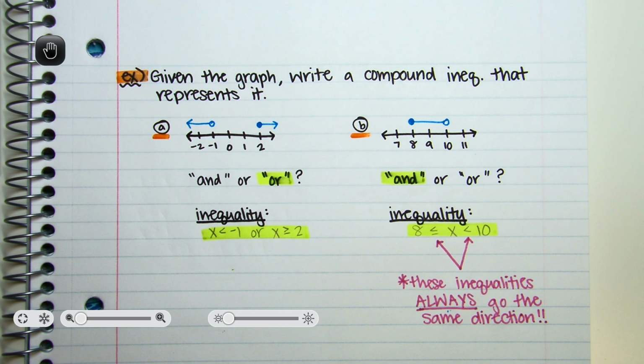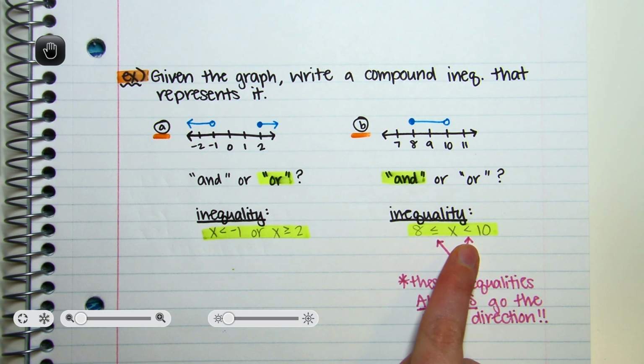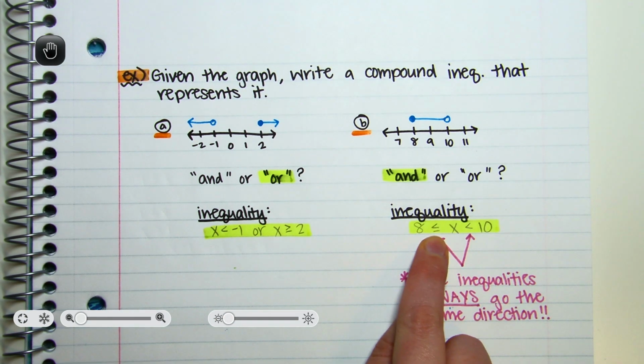Always, always, always, always. If you ever write your final answer where these are not going the same direction, you did something wrong and you need to go back and double check your answer and your work, because they should always be the same direction.